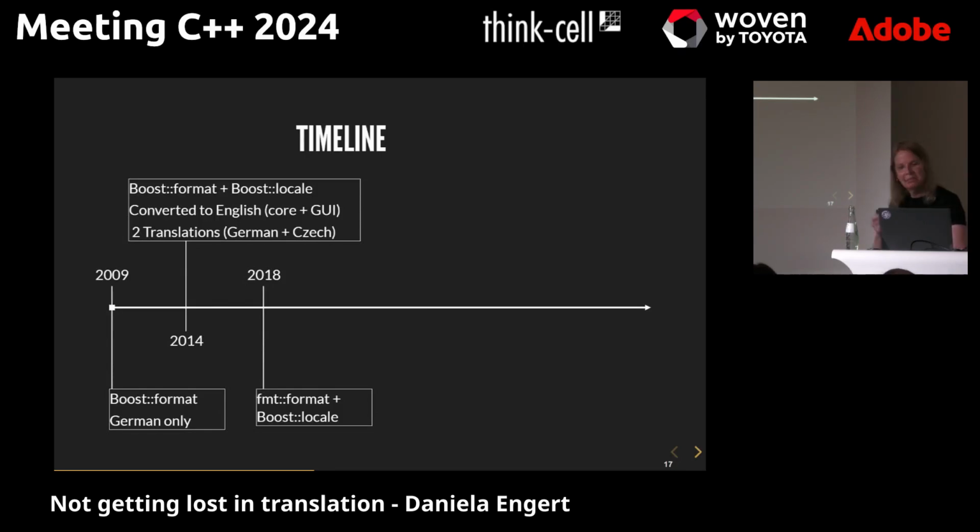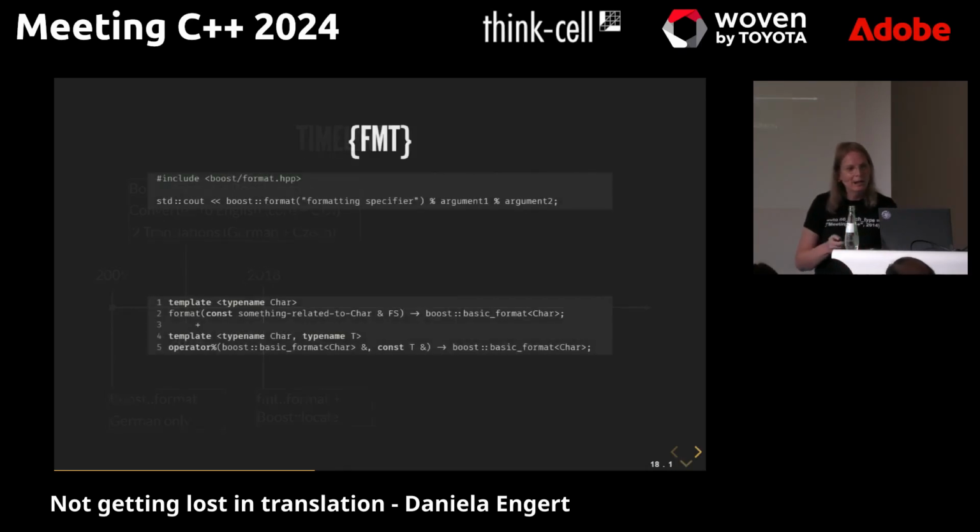I decided maybe we should ditch Boost Format and go with fmt. We have moved along from C++03 to C++14 here. And what does it mean to switch the library?